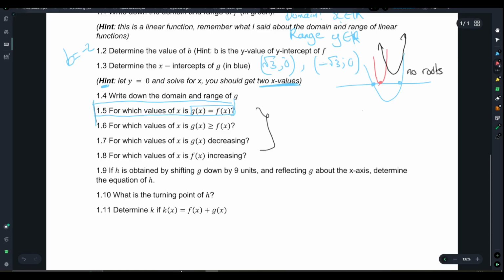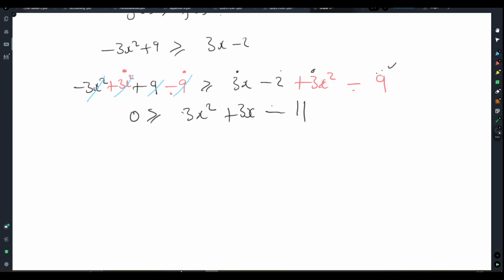Minus 2 and minus 9 is going to give us minus 11. I think I'm tired. So we have an equation in its standard form, meaning the equation is in this form here.